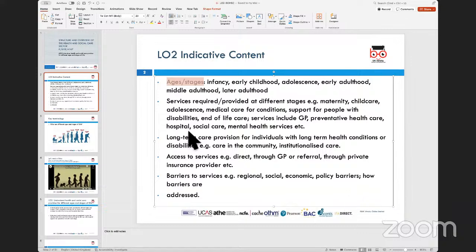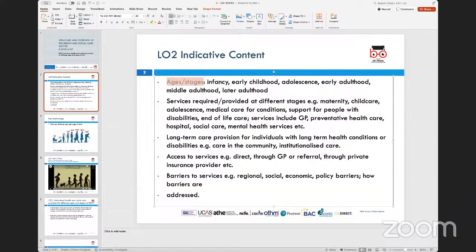Now, apart from understanding the main concept of different ages and stages of life, what we want to do in this unit is to relate what kind of services the health and social care sector provides at each of these stages when we do need some of these services.